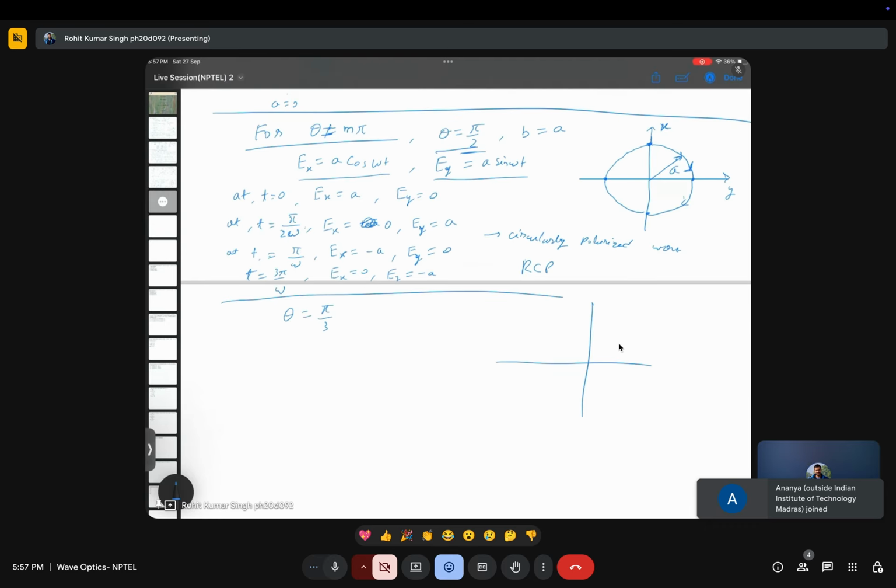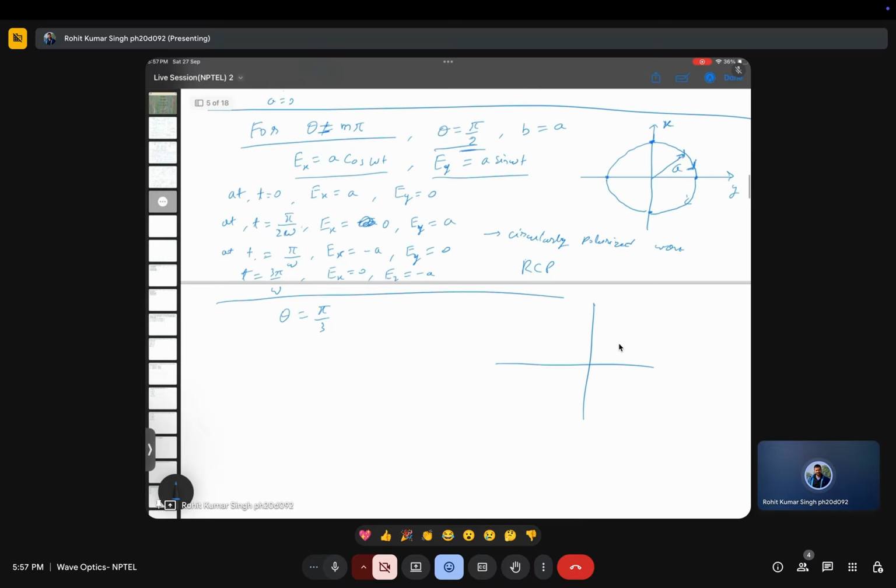Okay, and similarly, if you have this angle, instead of pi by 2, how will you get left circularly polarized?